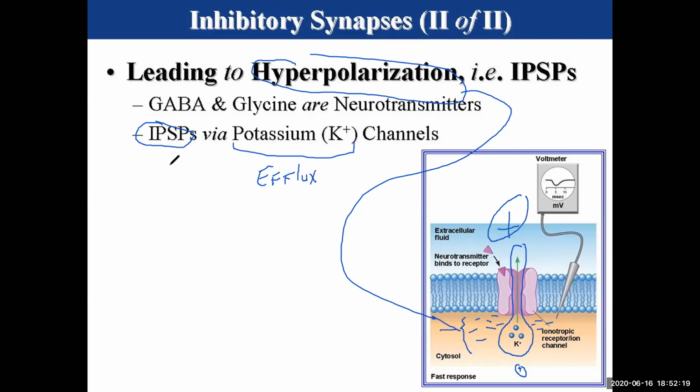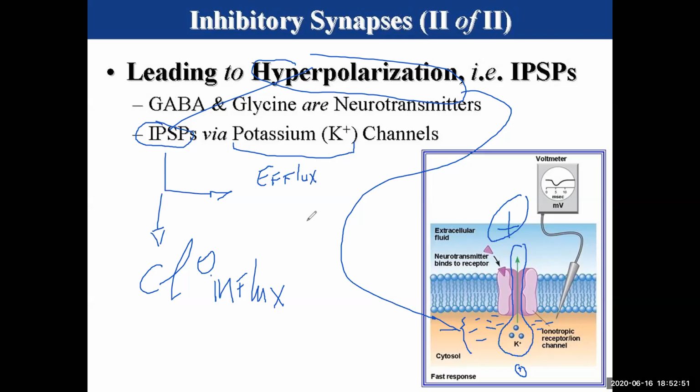Okay. So you can generate an IPSP by potassium efflux, or you can generate an IPSP by chloride influx from the previous slide, right? So potassium efflux or chloride influx will generate IPSPs, will hyperpolarize the cell membrane, the plasma membrane, or the phospholipid bilayer of the dendrite or the cell body of the postsynaptic neuron.